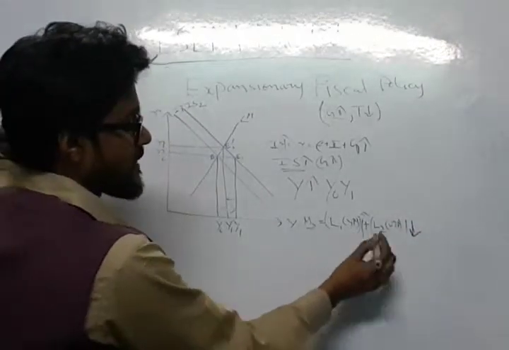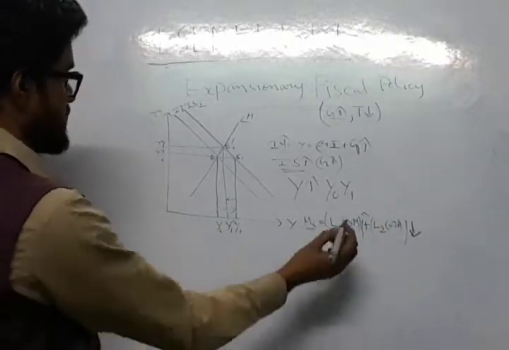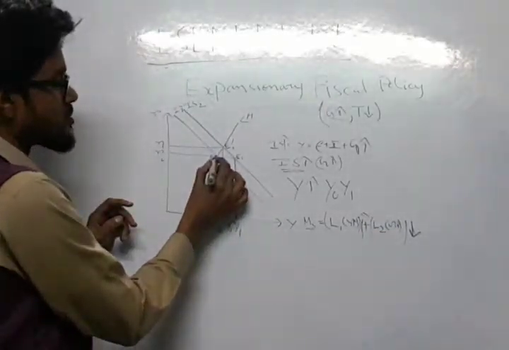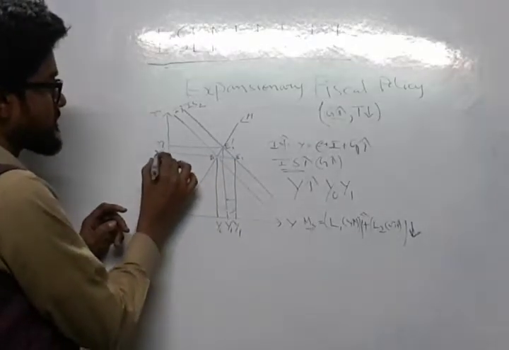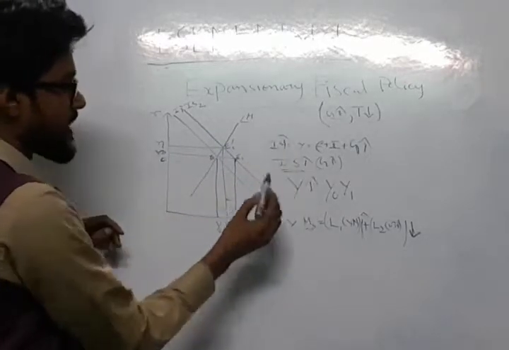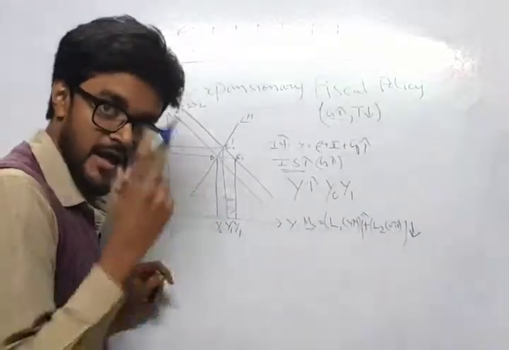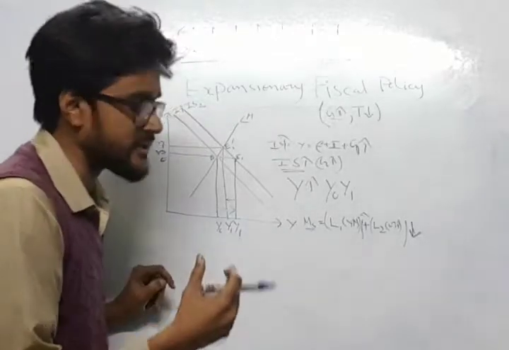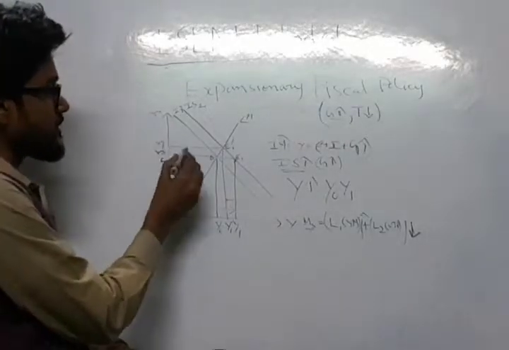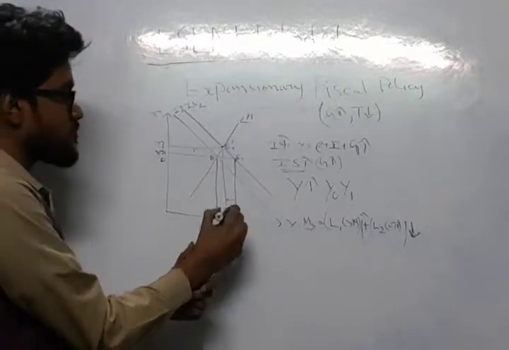So we can see that when income increases, the rate of interest increases, but this does not take place in the short run. When the IS curve shifts rightward, income increases to this side, but due to the existence of speculative demand, as money has another role in the IS-LM model, the interest rate goes up from R0 to R1, and we come to the new equilibrium level of output and interest rate.